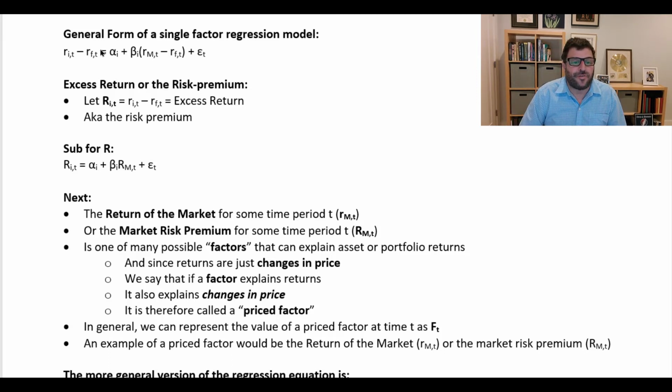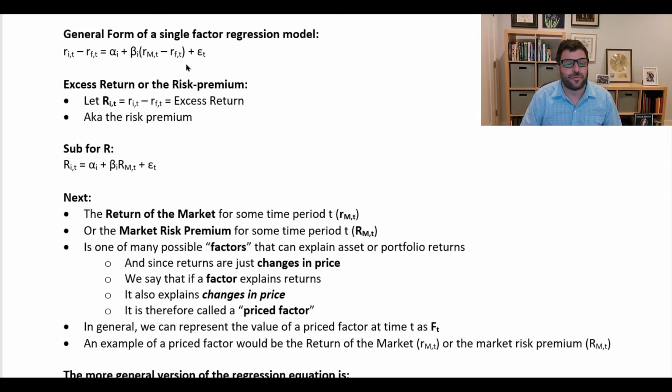It equals alpha for this asset. And so there's a single alpha, even though there's going to be 60 different time periods, there's going to be a single alpha and a single beta. So note there's no subscript on this. The beta is going to be times the return of the market at time t, again minus the risk-free at time t. And then for each of the data points, I'm also going to have this error term or this epsilon, and we'll see this when we get to the spreadsheet.